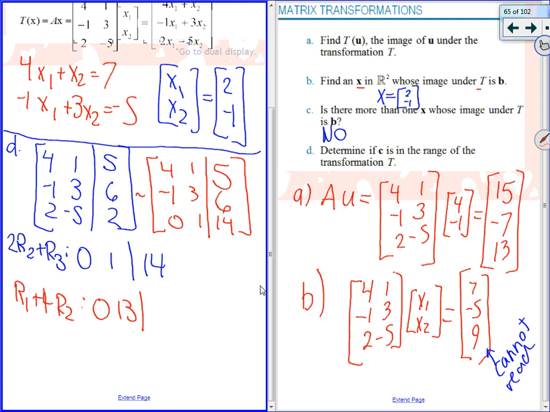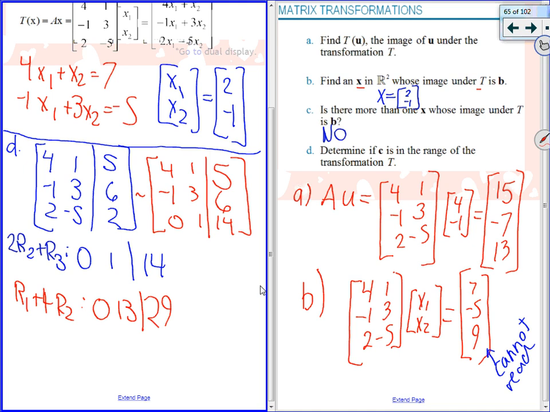4R2 would be 24, 29. Which there again would show that x2 doesn't equal the same thing.